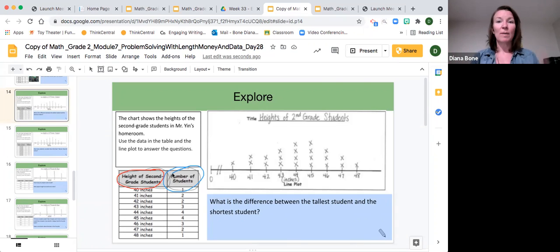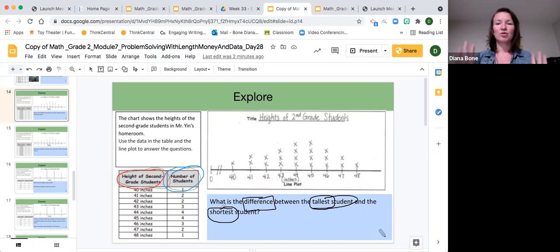You can color code in class or on your slides. Here's a question: what is the difference between the tallest student and the shortest student?